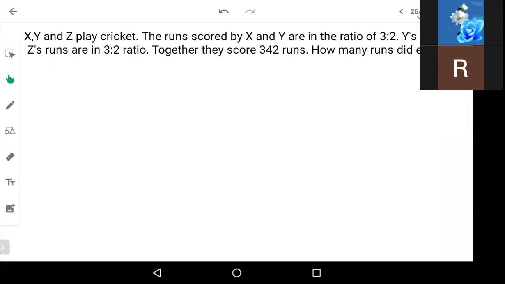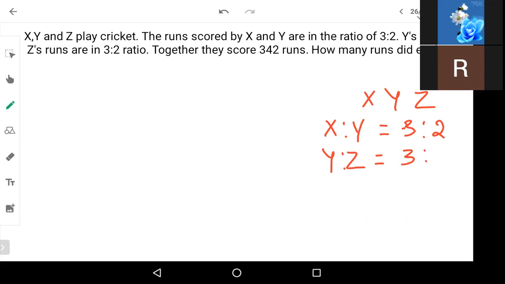So here X, Y, and Z are playing cricket. The ratio of runs between X and Y is 3:2, and the ratio of runs between Y and Z is also 3:2.